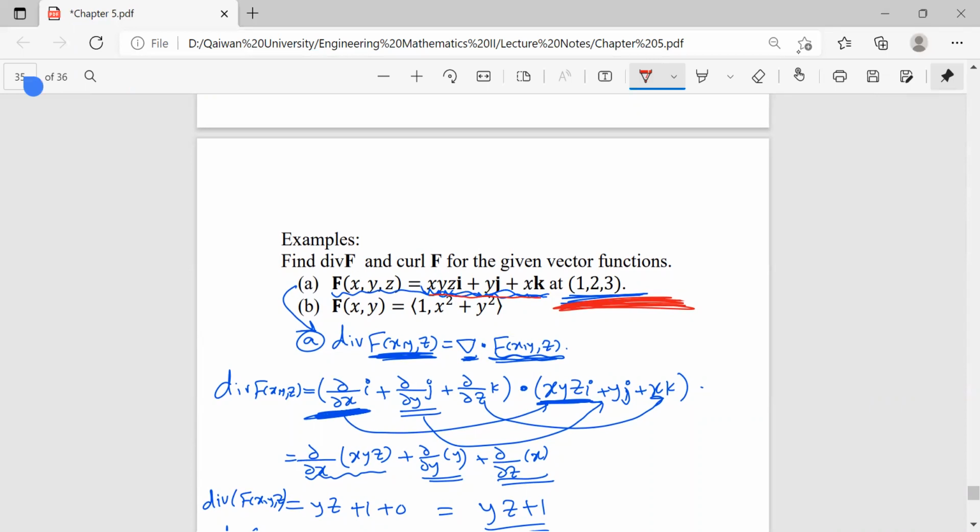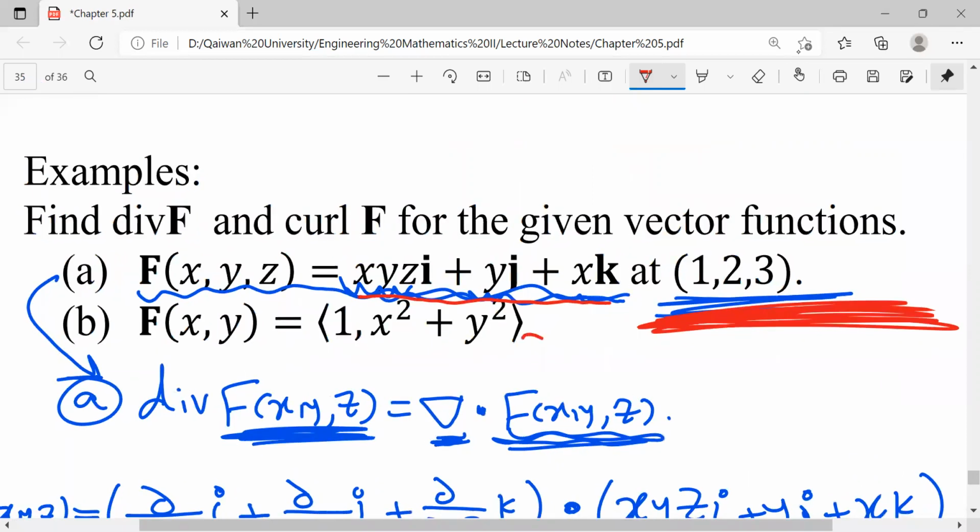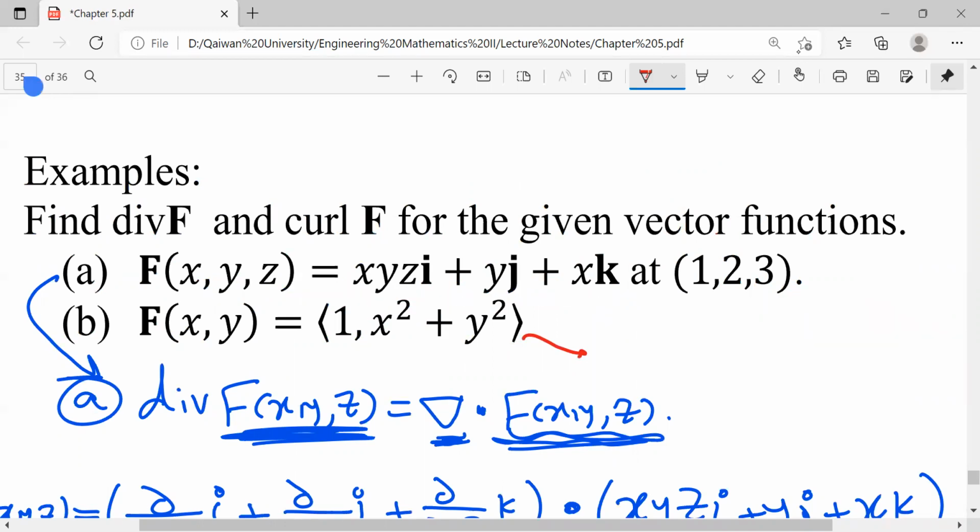And for the second, it's the same. But here it's given as a vector. We should write down the components. This becomes 1i plus x squared plus y squared j. Do it by ourselves. But here for the k component you have 0k.